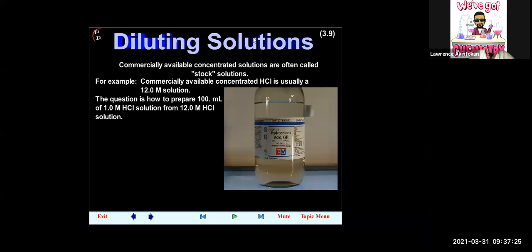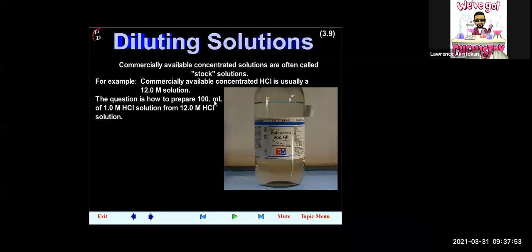Now, this is a very strong solution, 12 molar. Normally, I don't bring this type of concentrated solution out to students. This is always in the stock room, under lock and key because it's very, very dangerous.